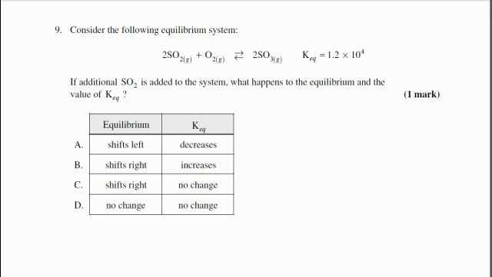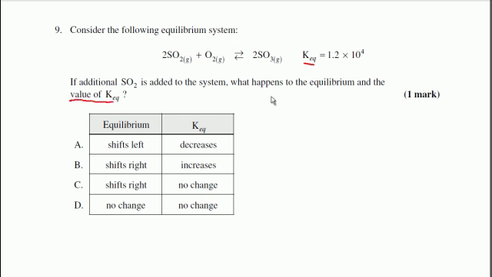Question number 9. Here it says, consider the following equilibrium. We're given this equation, we're given a KEQ value, and it says if additional SO2 is added to the system, what happens to the equilibrium and the value of KEQ? Okay, so first off, what happens to the value of KEQ?